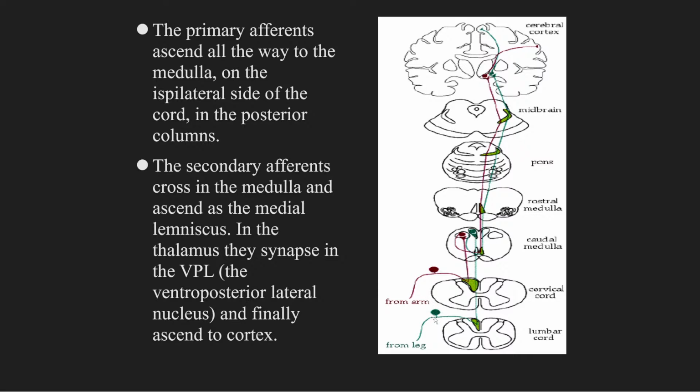This is the primary neuron, and it has an afferent part, which is different for upper and lower extremities. You see that there is a sorting of fiber size: arm fibers are more lateral, leg fibers are more medial. The primary afferents ascend all the way to the medulla on the ipsilateral side of the cord, on the same side within the posterior columns.